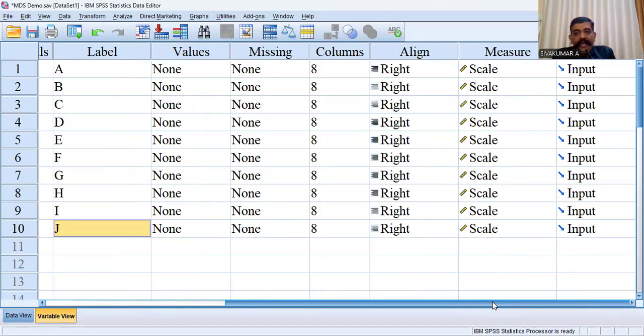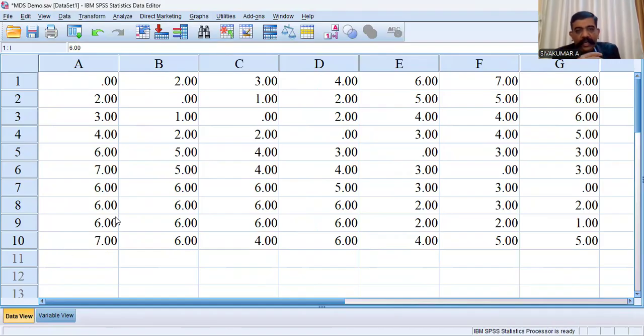Scale means either ratio scale or interval scale in SPSS. Then please enter data view. First of all, A may be Close-up. Then you can see the similarity among 10 objects.